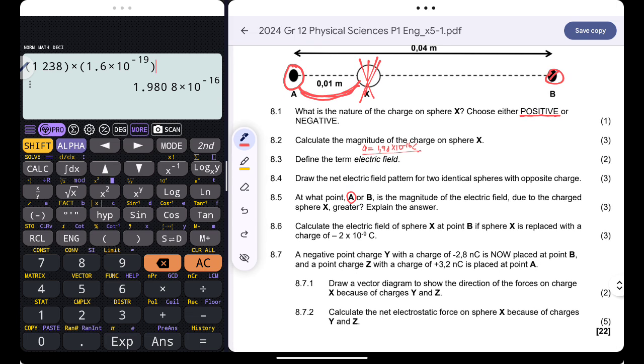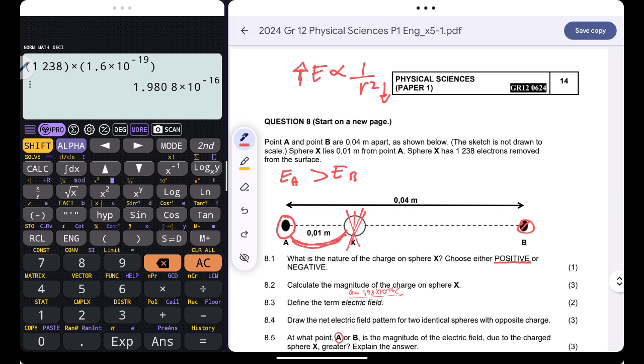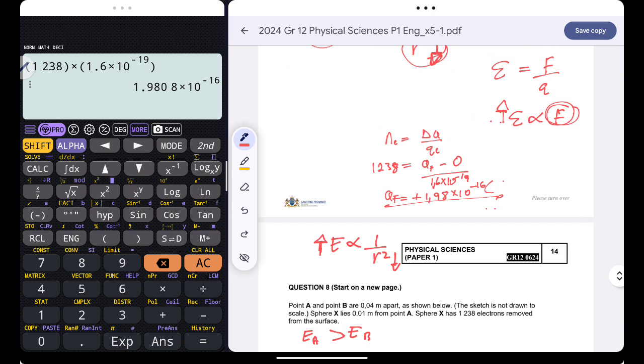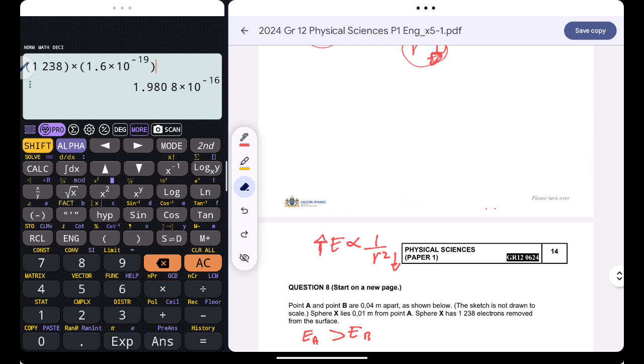Okay, now we are being asked, calculate the electric field of sphere X at point B if sphere X is replaced with a charge of -2 nanocoulombs. The new charge, guys, is just -2 nanocoulombs.